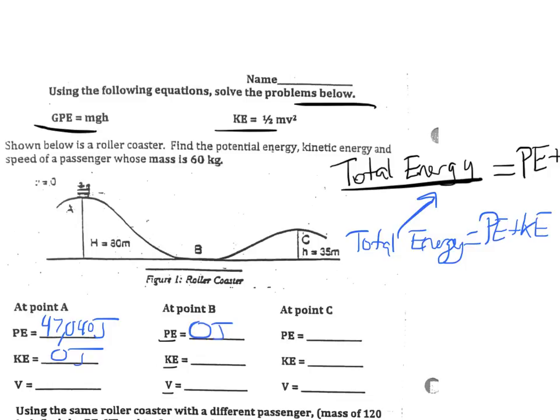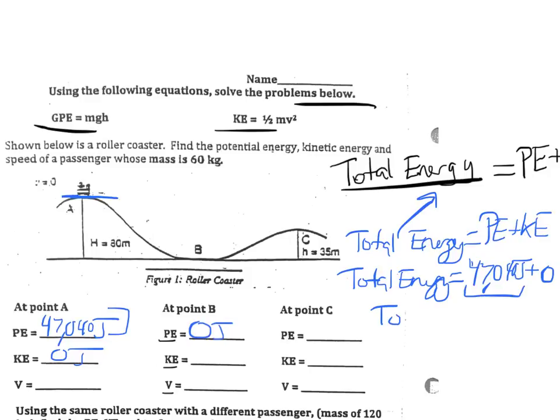So the total energy available to this rider was only here in this potential energy of how high up the rider started at. So I want to know the total energy here. I fill in the amount for potential energy, 47,040 joules, plus at the starting point there was no kinetic energy. So total energy must be 47,040. Total energy equals 47,040 joules.